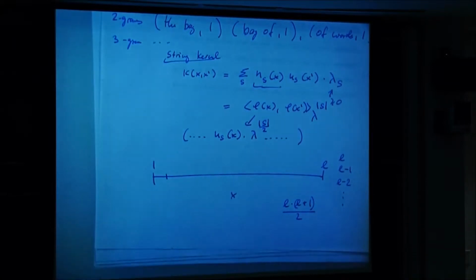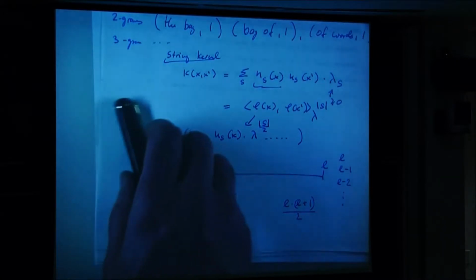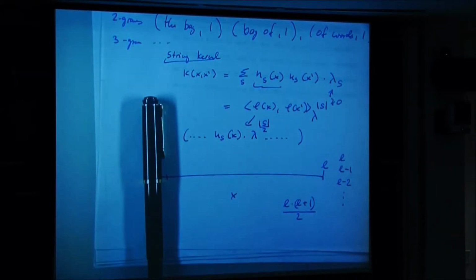So worst case, it's going to be L times (L plus 1) over 2. So worst case, generating all sequences with arbitrary length is going to be a quadratic cost in the length of the sequence. In practice, there's a limit to which this is useful, because you can, for instance, assume that in text or whatever, you might not have that much coherence beyond maybe 5 or 10 words.